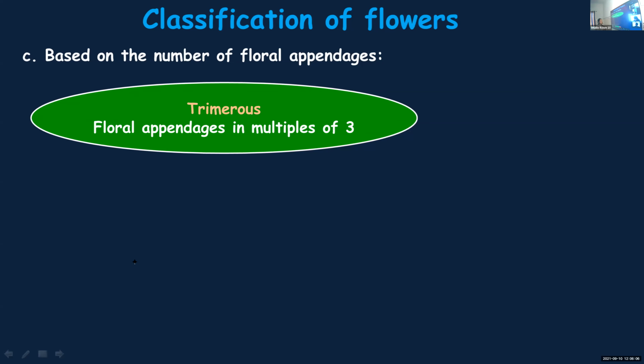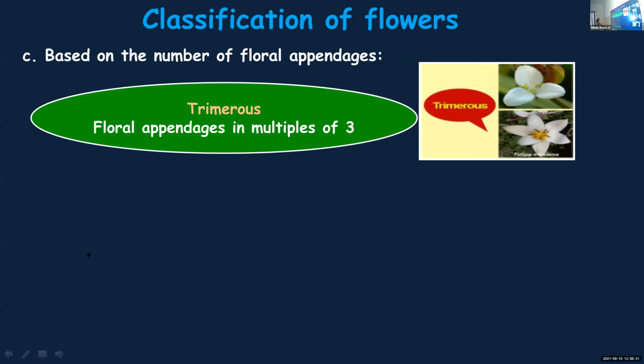Trimerous. If the flowers have floral appendages, like petals and all, in multiples of 3, 6, 9, 12, you call it a trimerous flower. Tri, 3. So there you can see the picture of tulip or tulipa flower.